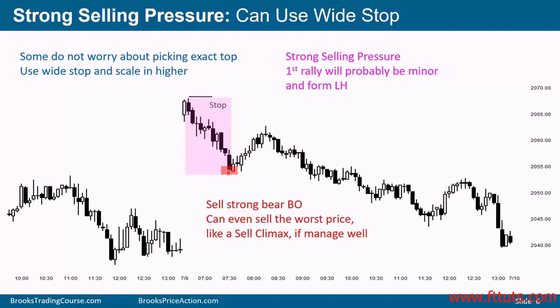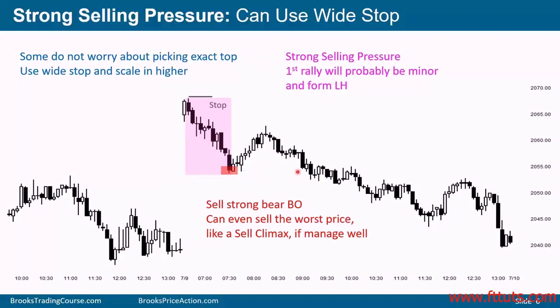If a trader sold the absolute worst price, like this close, if he manages his trade well, he'll still make money. He knows the channel down is tight, and therefore the first reversal up is probably minor, and that the market will probably test back down to this area. So even if he sells this close and uses a stop above the top of the sell-off, he can make money if he sells more higher, like at a 50% pullback or on a reversal down.